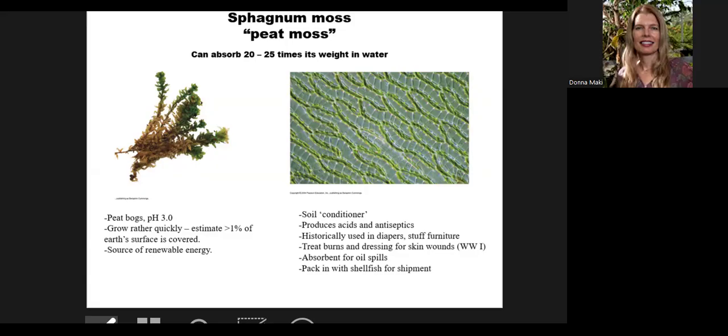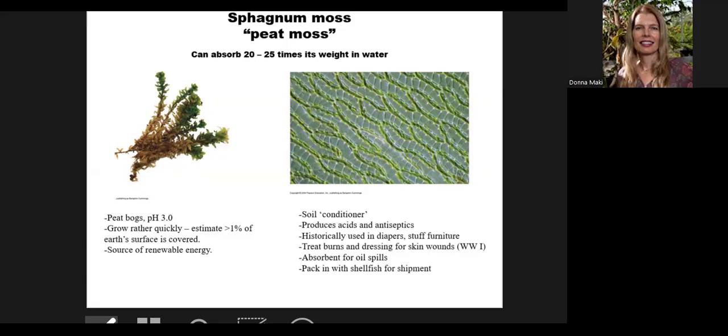It's antibacterial, so the baby's bottom wouldn't get infected or irritated. They used it for oil spills. You can pack fish or shellfish with it because it helps preserve the fish as it goes a couple thousand miles in transit to get to somebody's grocery store. Again, it keeps it very fresh. So a lot of uses for sphagnum peat moss.